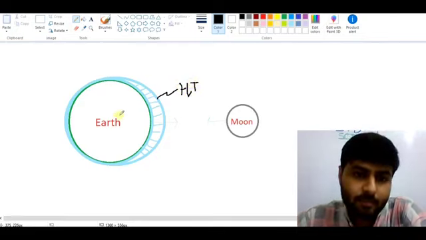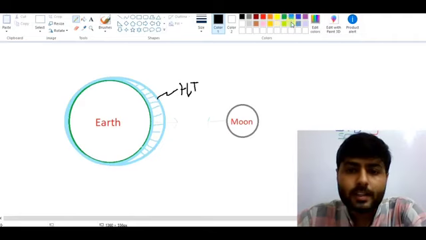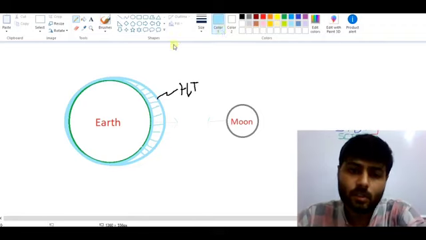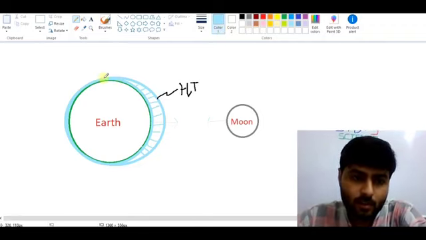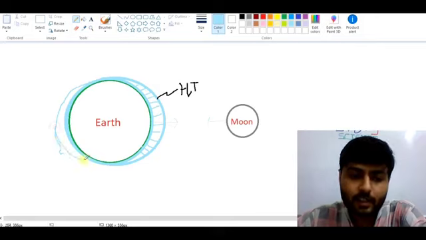At the same time, this earth also tries to move some distance, so there is also a bulge created at this point.